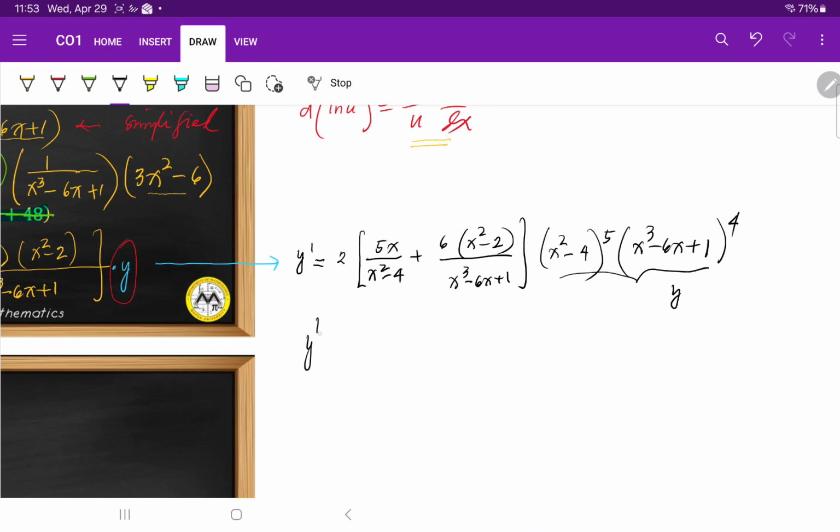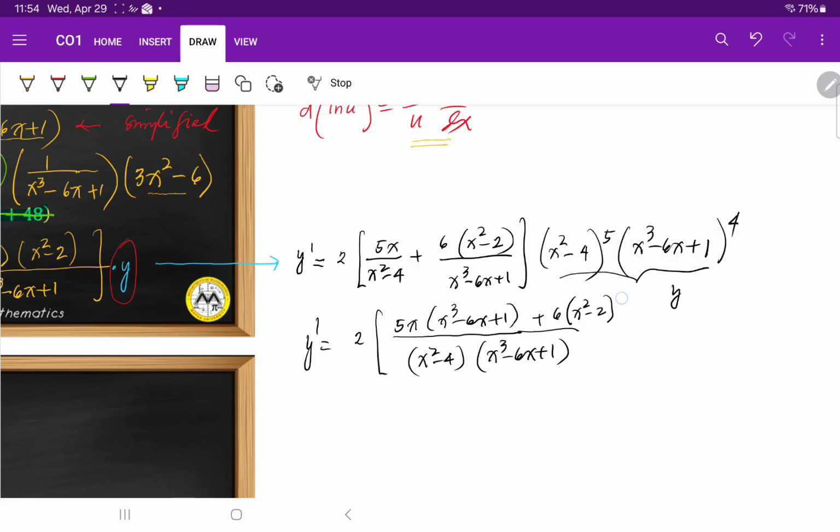Alright, so next we simplify further, so we get the LCD here. So what's the LCD? x squared minus 4 times x cubed minus 6x plus 1. And then we get 5x times x cubed minus 6x plus 1 plus 6 times x squared minus 2 times x squared minus 4.